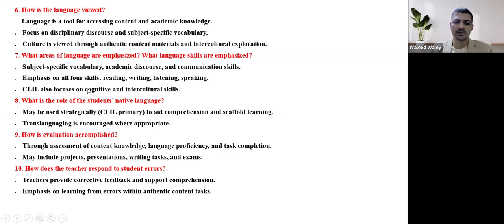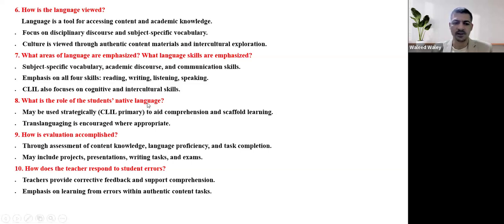CLIL also focuses on cognitive and intercultural skills. Cognitive means to think about the topic itself, read and think about the correct answers, or answer WH questions, and so on.